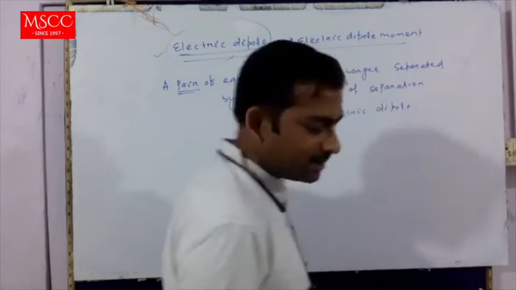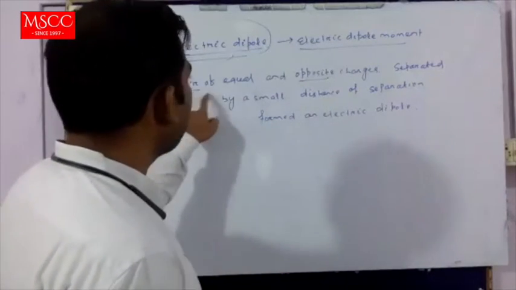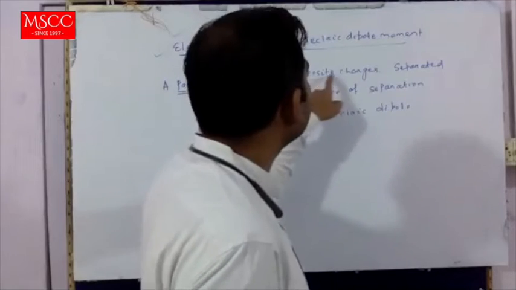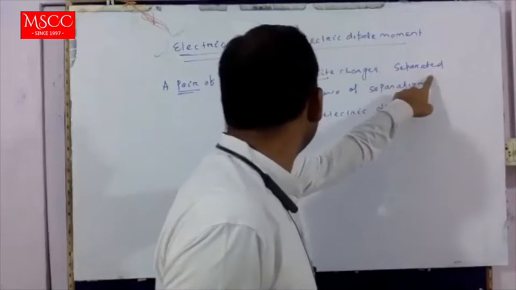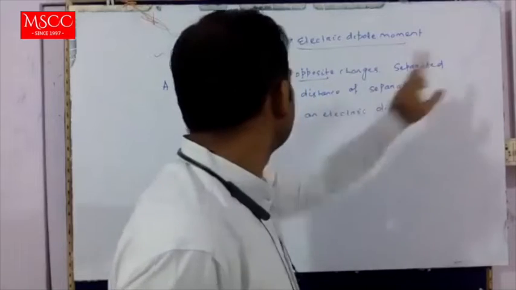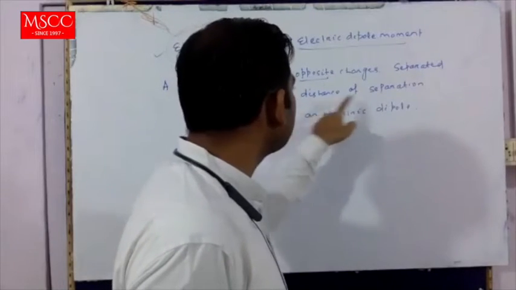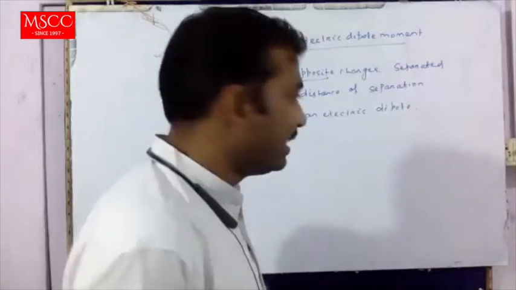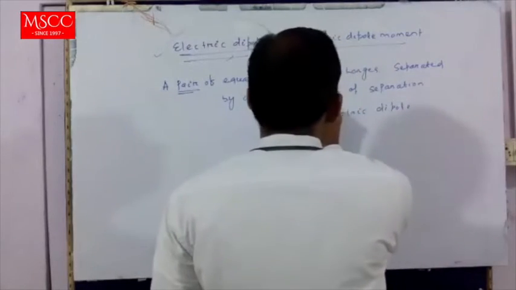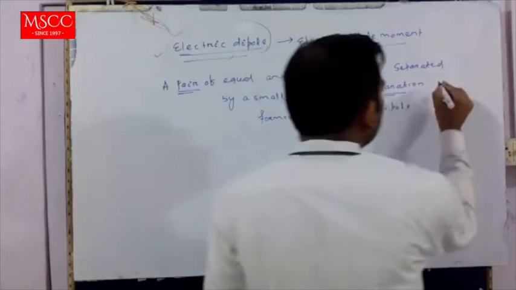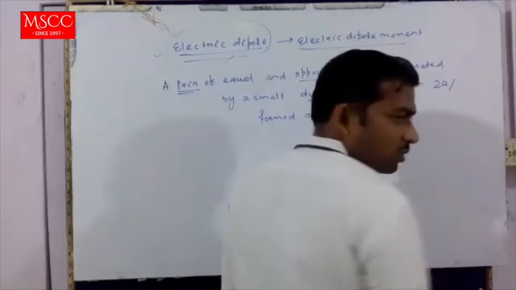Again, a pair of equal and opposite charges separated by a small distance of separation forms an electric dipole. The small distance of separation is taken as 2a in some books.